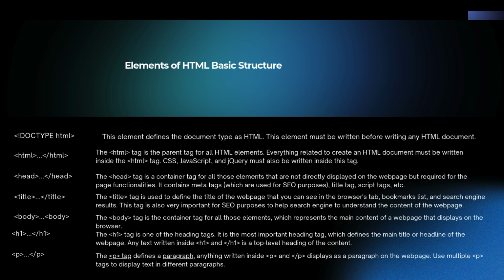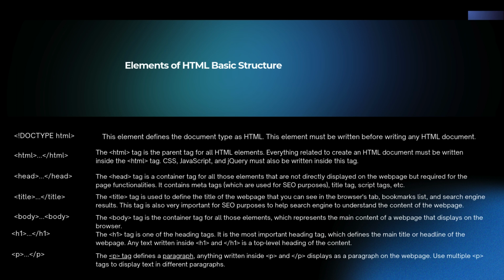When you open a tag, don't forget to close it. That's a big mistake most of our beginners normally make: you open a tag and you forget to close it. So how do we close it? We close it using a slash in the ending tag, as you can see in the opening tag and the ending tag. The HTML tag is the parent tag for all HTML elements.